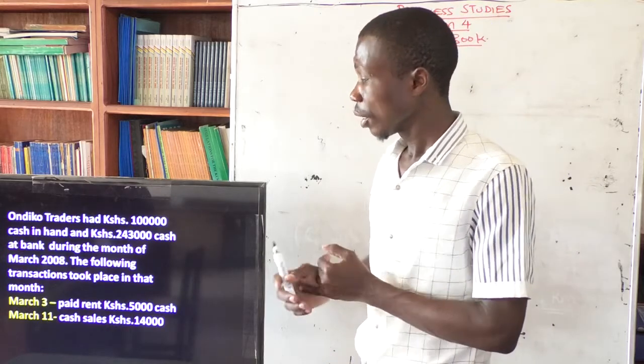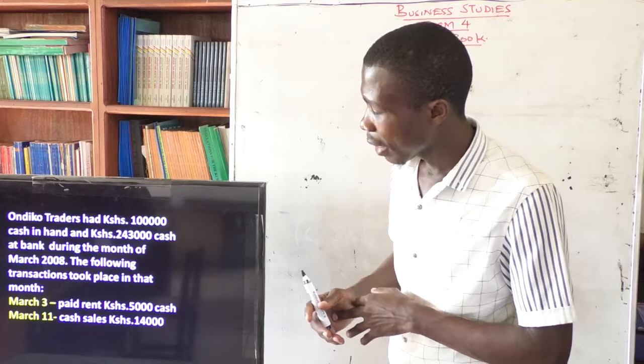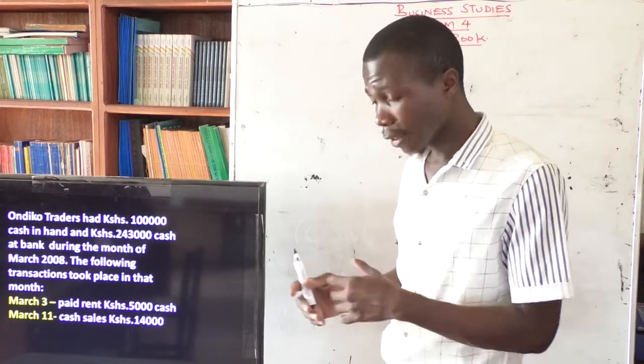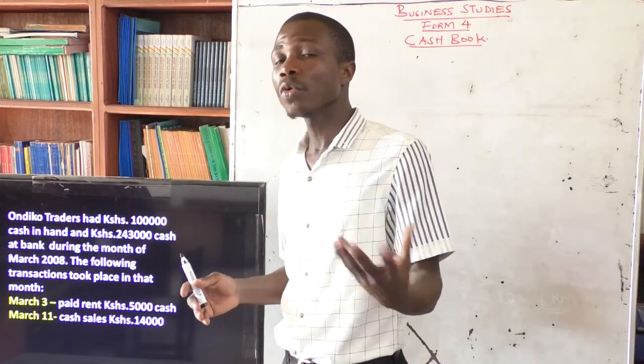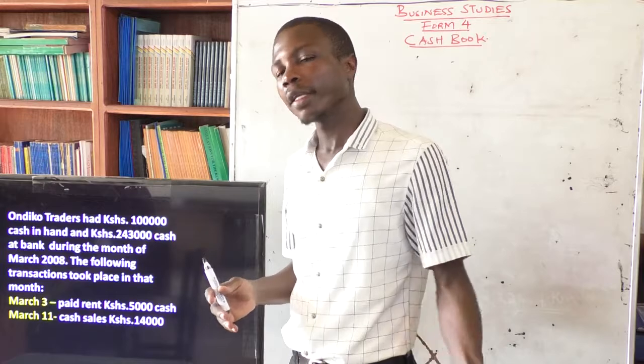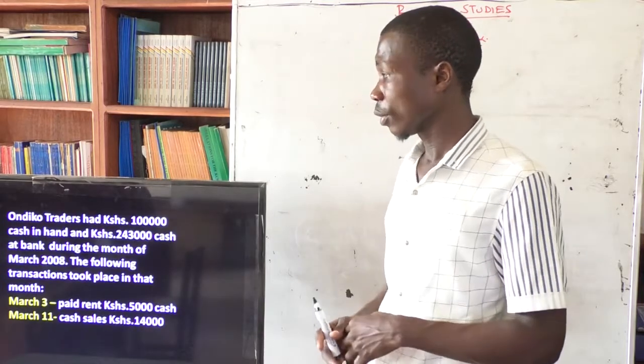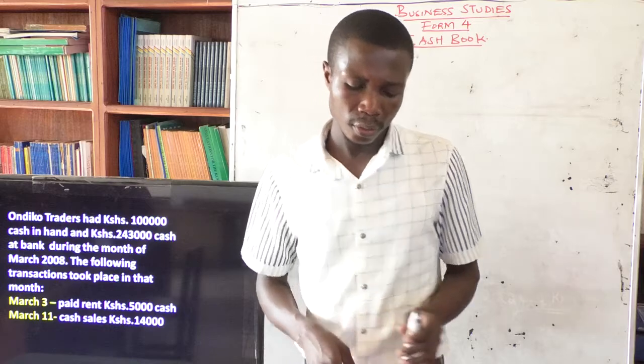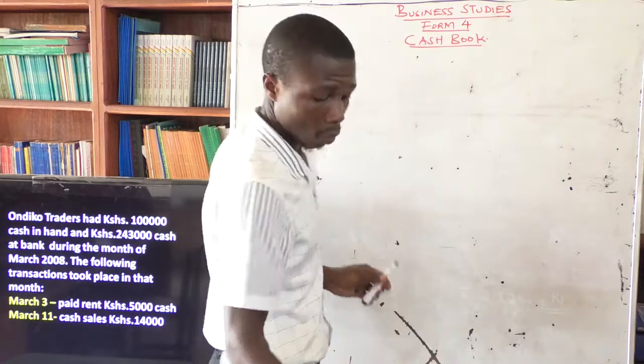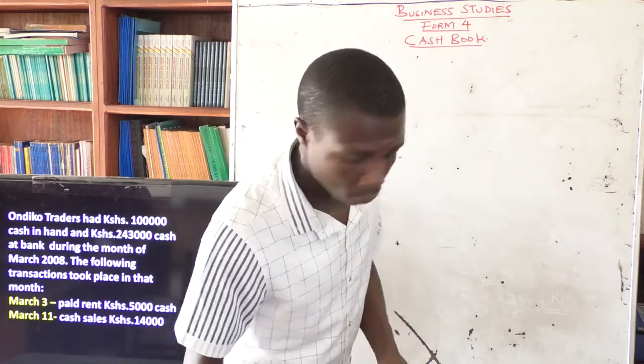That's affecting cash. Then another one, March 11th, cash sales, meaning some goods or stock he sold and it was paid in cash. That should increase the cash in the account. So let's just record this without wasting time.